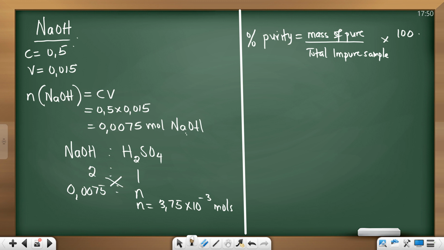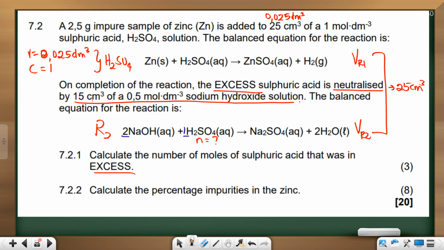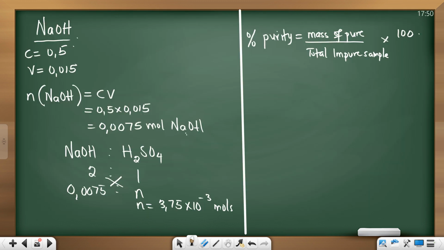I want you to see the progress of this. Do we know the total sample of impure? 2.5 grams impure. So, we know this as 2.5. I want you to get the system quickly.